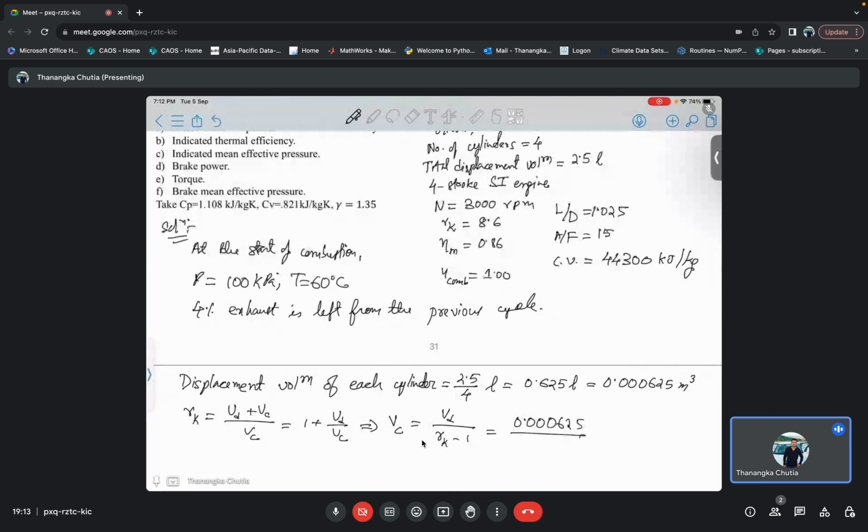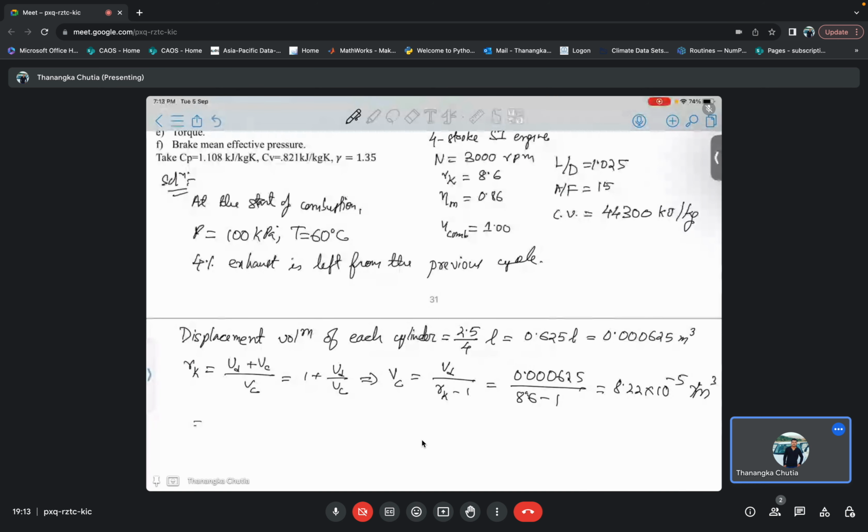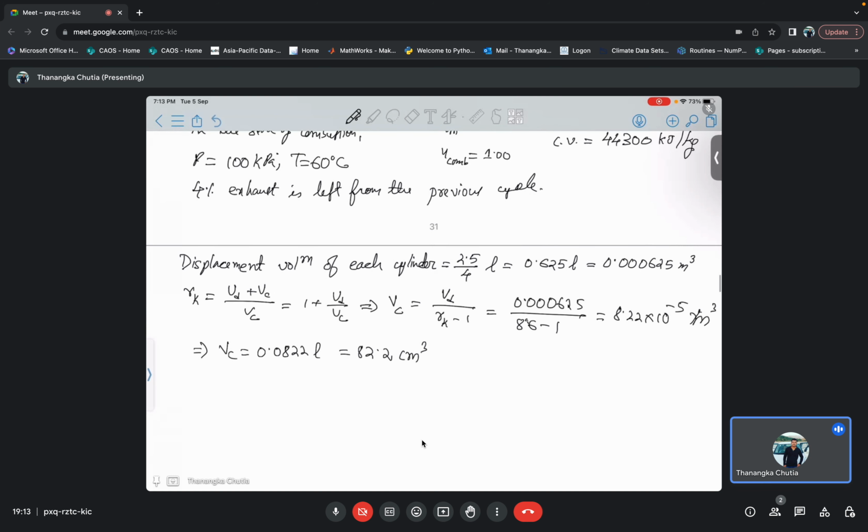Compression ratio is 8.6, minus 1. You'll get this as 8.22 into 10 raised to the power minus 5 meter cube. That is Vc is equal to 0.0822 liter, or you can also write this as 82.2 centimeter cube. So this is your clearance volume.